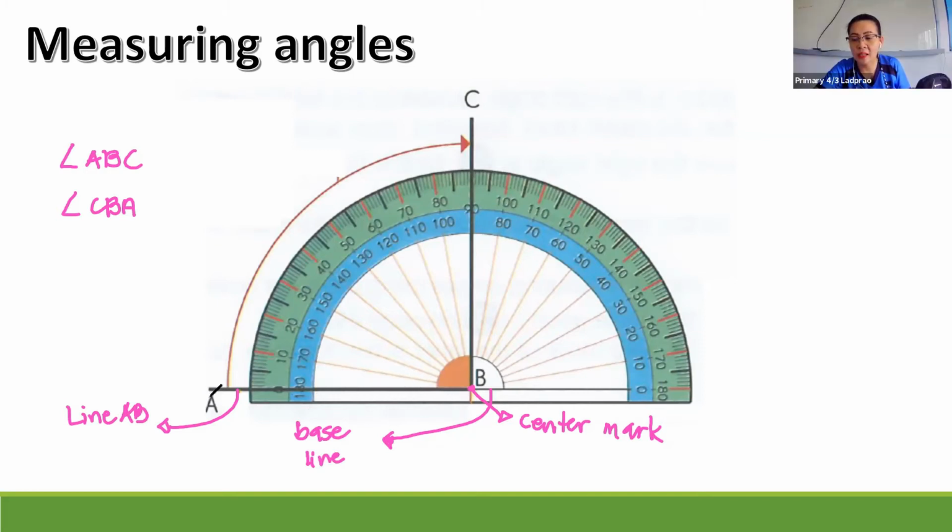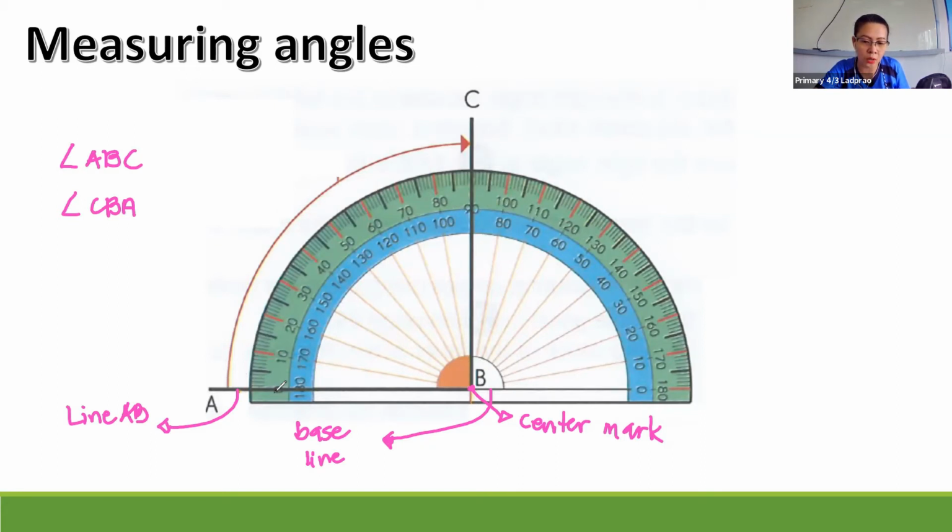You understand? Now, how are we going to read or measure the angle? How do you know if we are going to use the inner scale or the outer scale? We are going to use the scale where the 0 is. Like for this one, this is the line of the angle that we're going to use, and it passes through this 0, right?